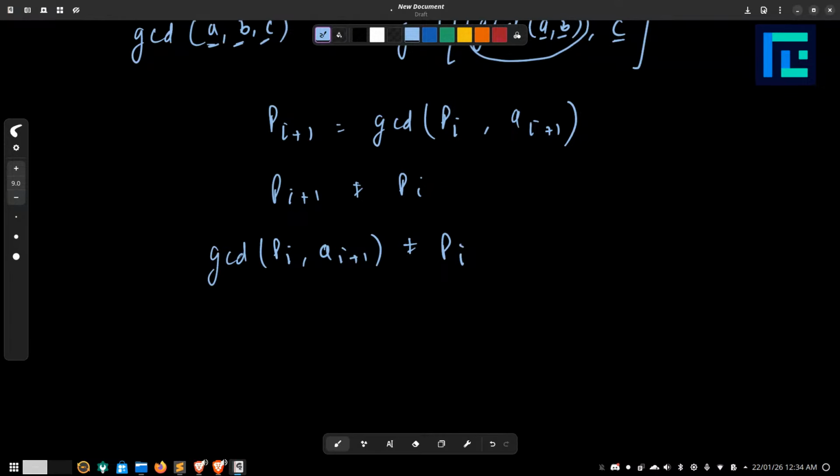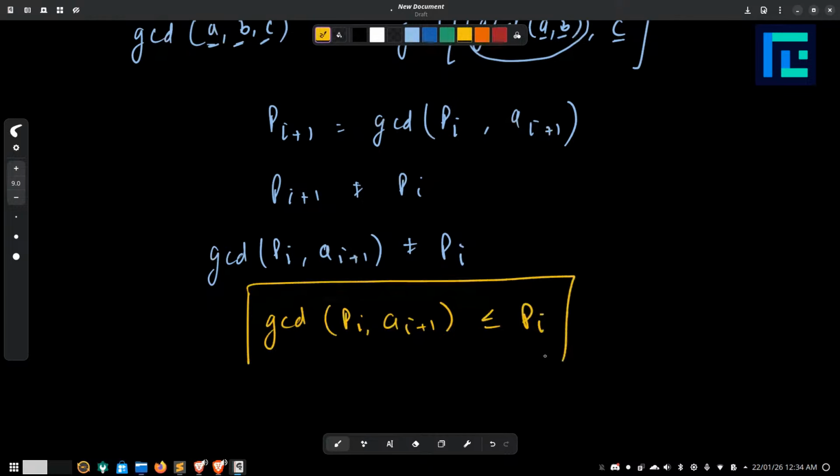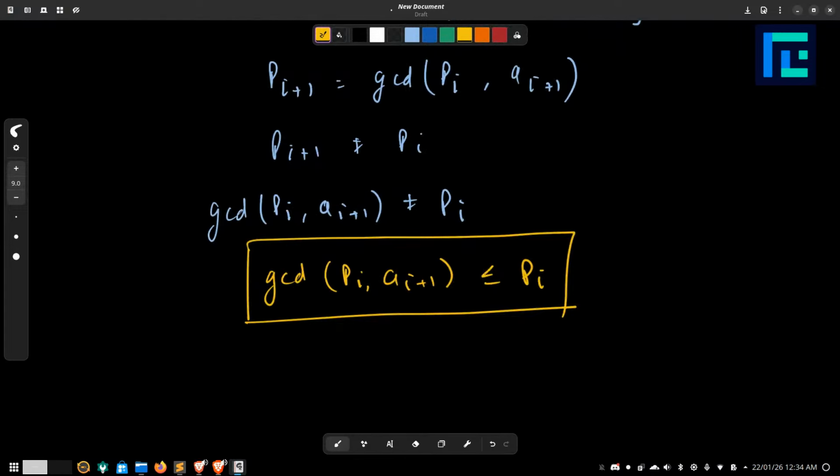Obviously GCD of P of i comma a of i plus 1 will be less than or equal to P of i, because GCD will decrease. If we take the greatest common divisor of two numbers, it is always less than or equal to both numbers, because it is a divisor.